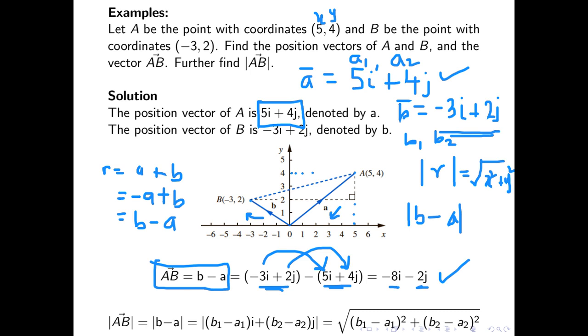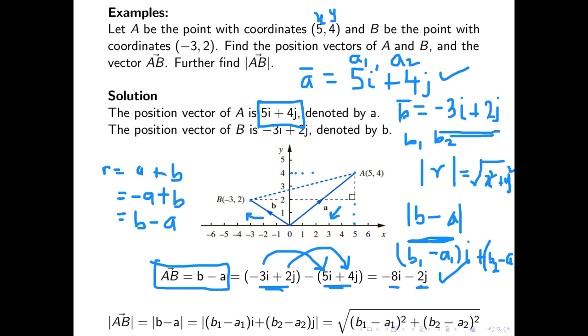So what we do from here is, because the magnitude is b minus a, this then becomes the square root of b1 minus a1, squared, plus b2 minus a2, squared. Don't make a mistake here. Don't make a mistake of doing b2 minus b1. No, it is b1 with respect to a1 plus b2 with respect to a2.